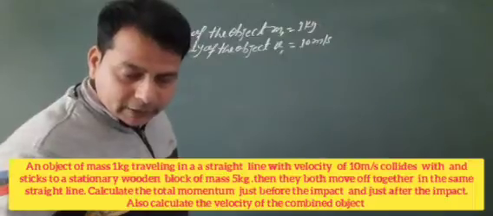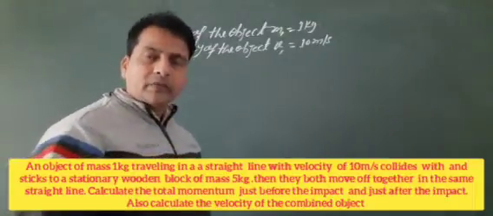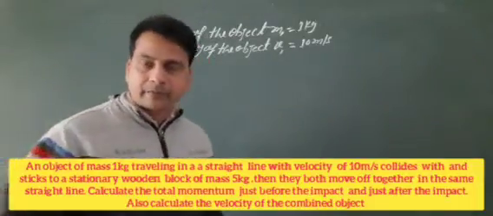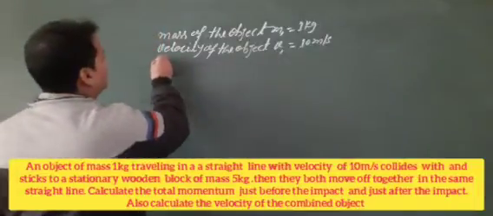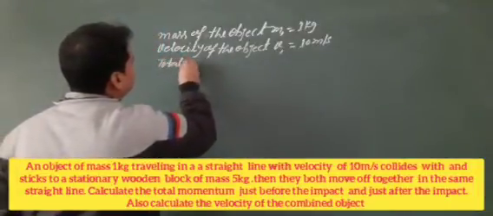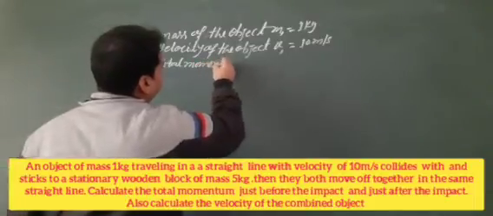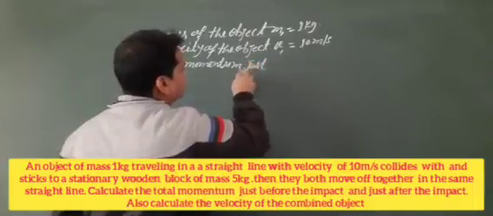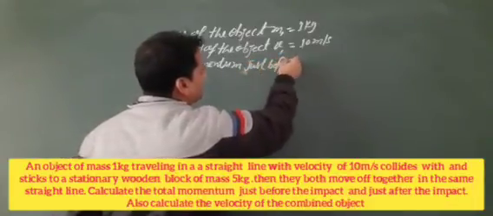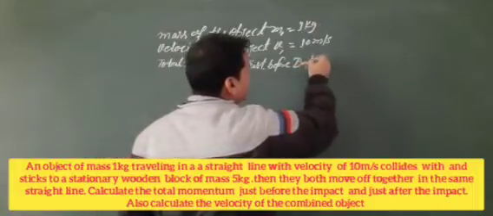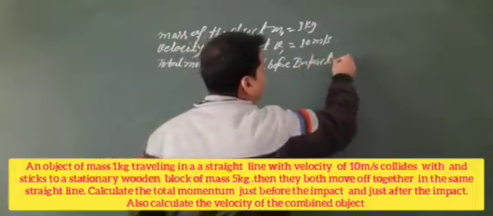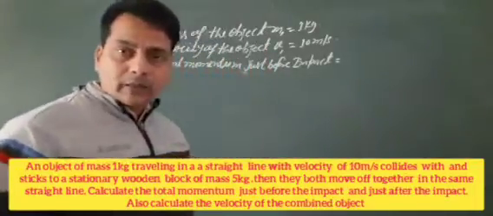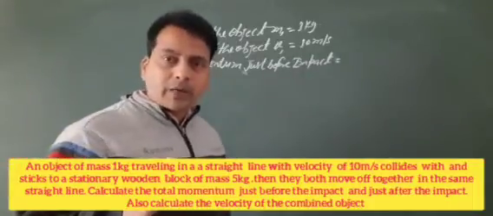Okay, so first we can write the total momentum just before the impact. We know that the momentum of any body is the product of mass and velocity.